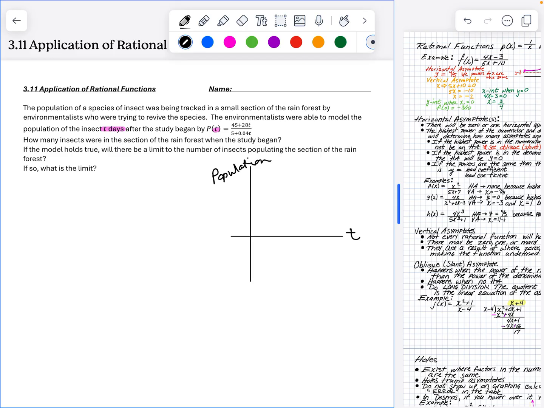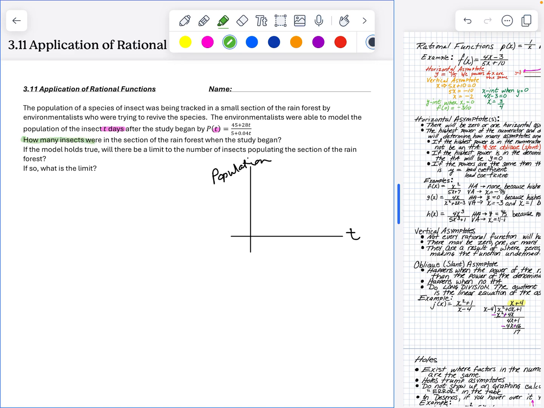Because this is an application problem of living things, we really only need the first quadrant. I also have my notes on the right-hand side, just in case we need them.